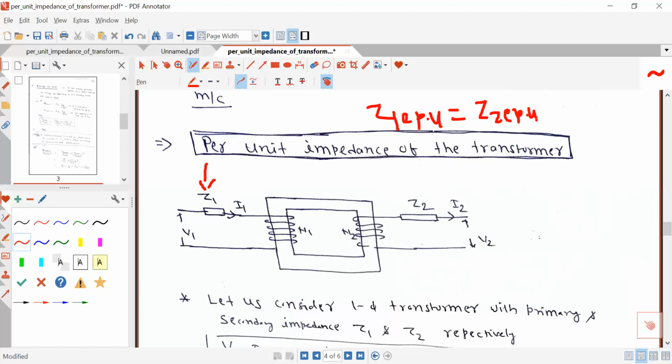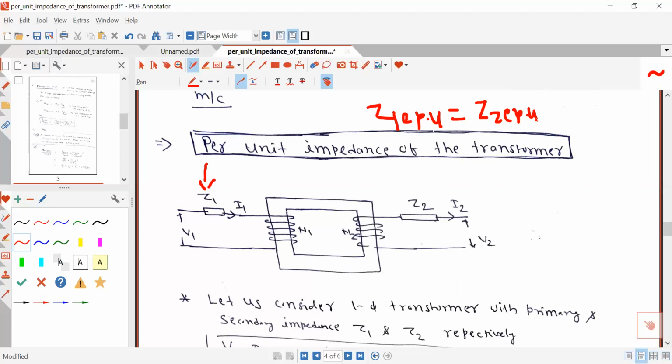So there are two advantages while you represent transformer impedance in per unit. First, without the knowledge of turn ratio, you can calculate total impedance of the transformer. This is the first advantage. And second, the total impedance of the transformer either referred to the primary or referred to the secondary.